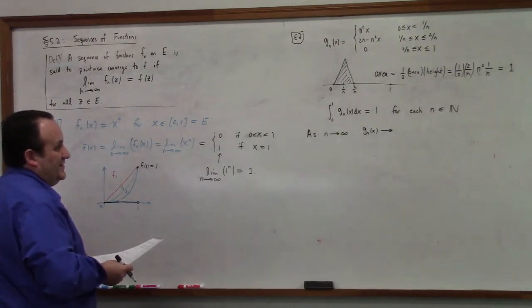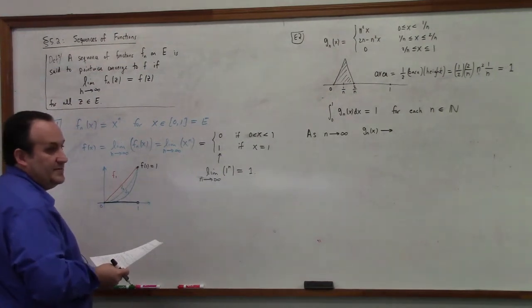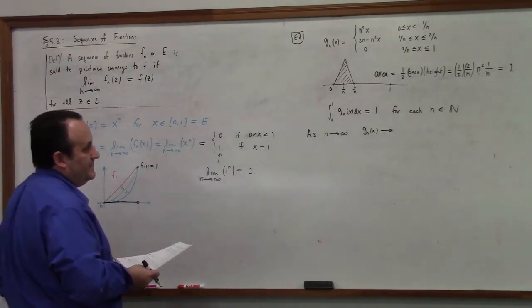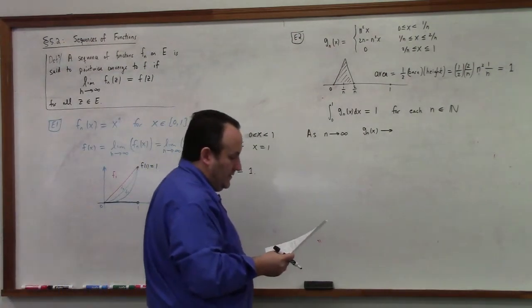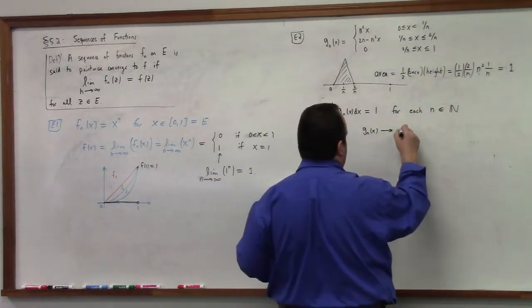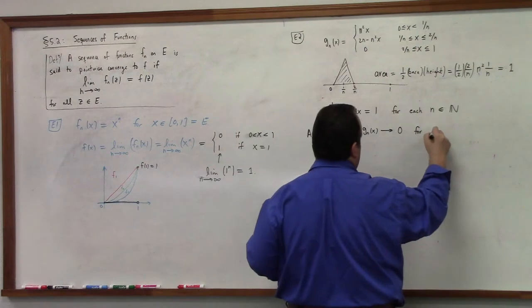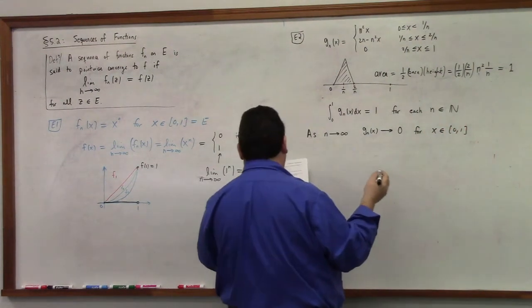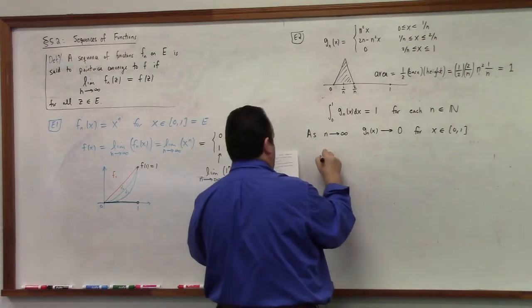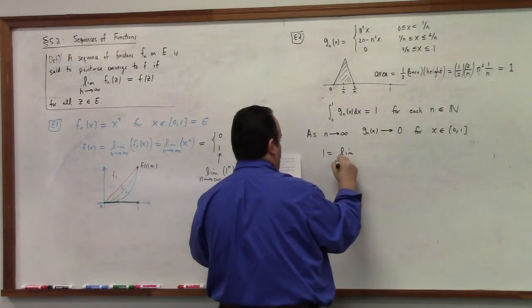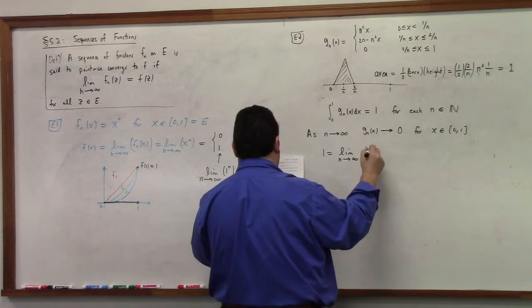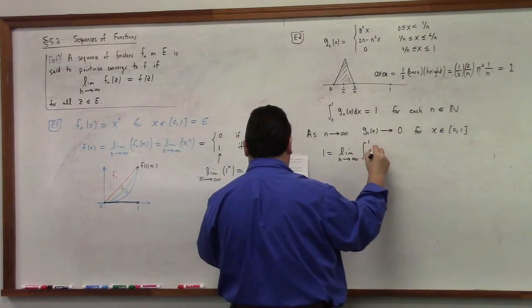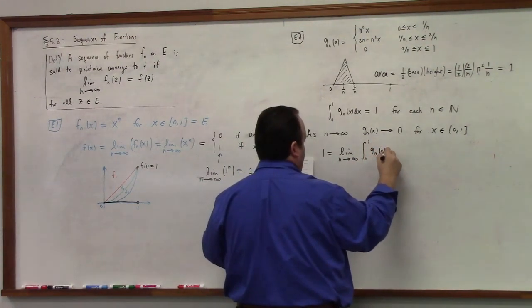Well, I would say that gn of x goes to 0 for x in 0 to 1. But on the other hand, what do you have? You have 1 is equal to the limit as n goes to infinity of the integral from 0 to 1 of gn of x dx, right?